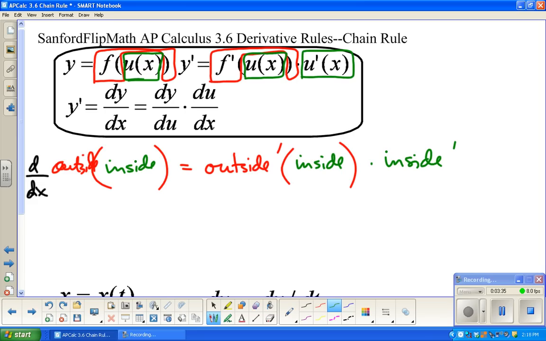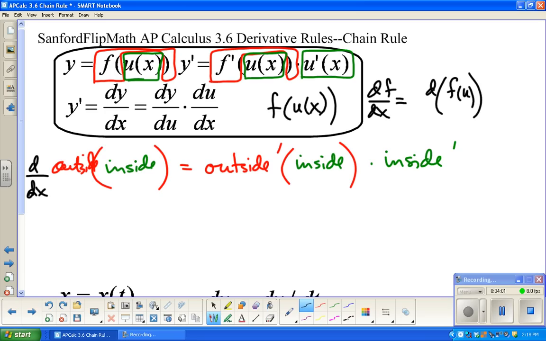Okay, so here's some notation. If I'm talking about some function that's f of u of x, then if I want df dx, I'm going to do the derivative of that function with respect to u times the derivative of u with respect to x.